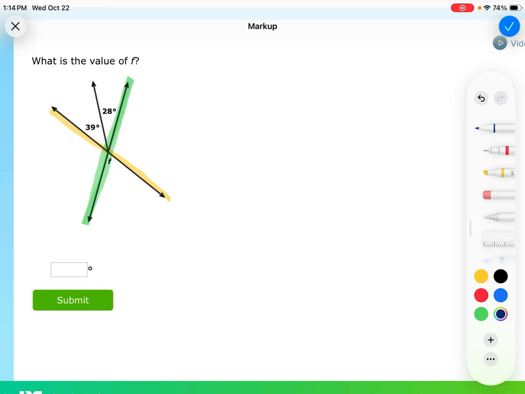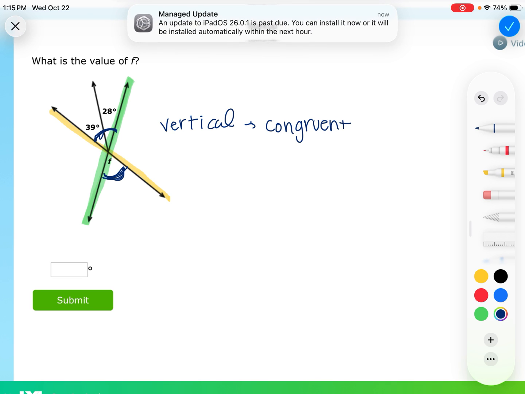And so what you can see here is that this angle you're looking for is vertical to these two. If you get this type of question, I need you to know that vertical angles are congruent. Remember this symbol? That means they're equal in size.